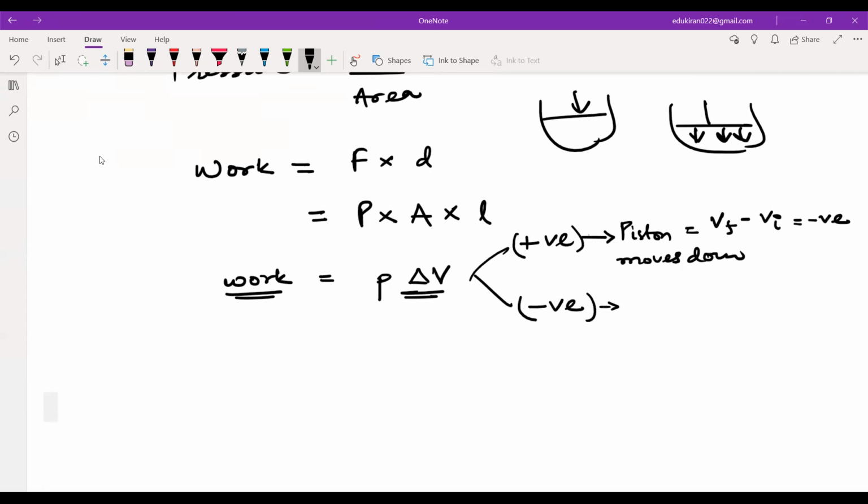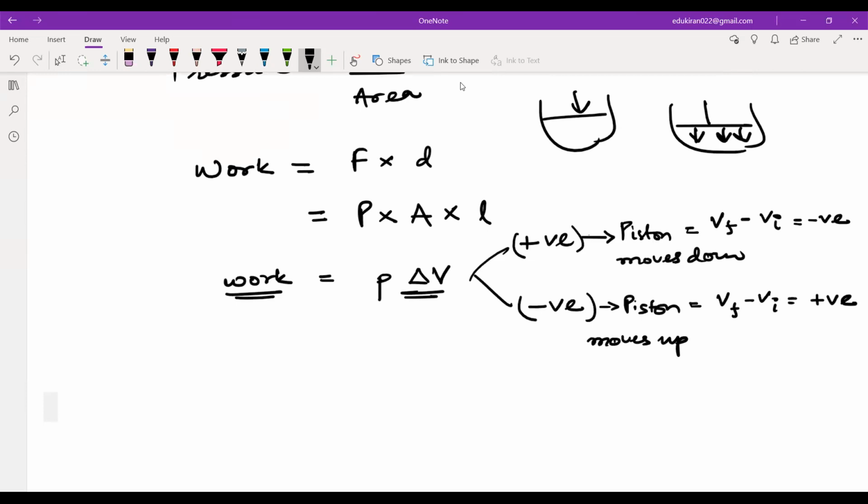Now, let us see what will happen if the piston moves up. That means the gas is doing some work. The piston moves up, so V final minus V initial will be positive, because the final volume will be larger than the initial volume.